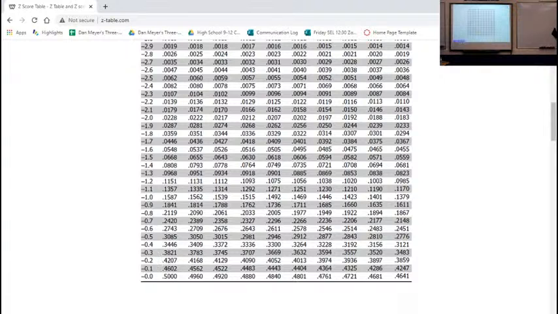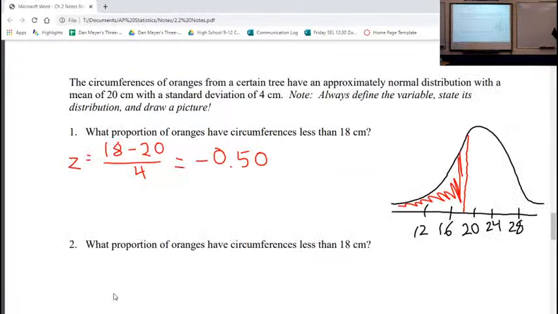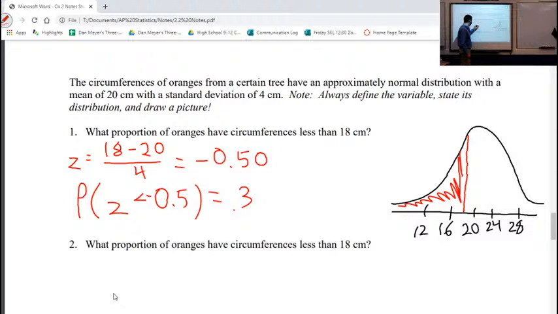So that's our proportion, 0.3085. Yes, I'll get to that in just a second. So that's the probability that z is less than negative 0.5, which is 0.3085.